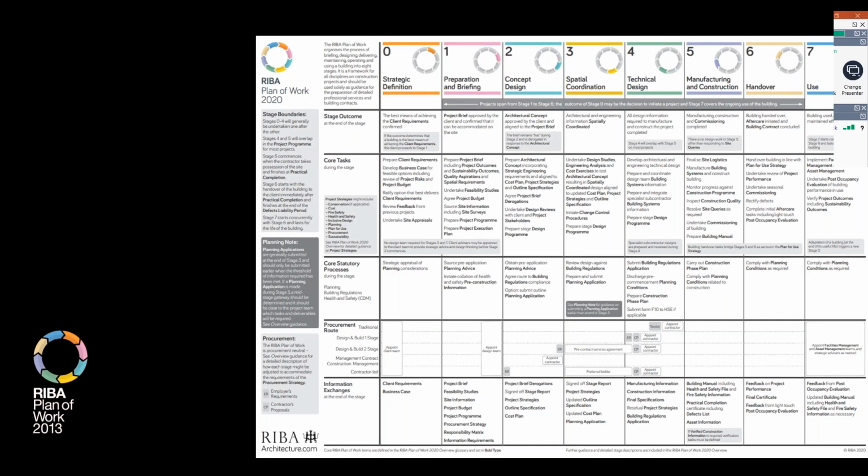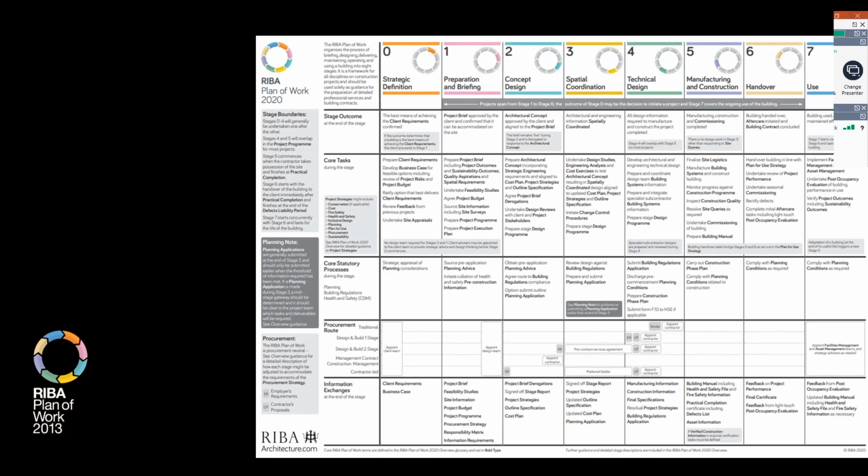Now, questions came in here, and hopefully you can give us an idea about this, because you must talk to people around the world that work for different companies. Do you have any sort of feedback as to how much the RIBA Plan of Work is actually being used in other countries or projects around the world? Yes, I mean, certainly a lot of the Commonwealth countries do use it. We see a lot of Middle East clients using the RIBA Plan of Work. So it is a fairly commonly used document.